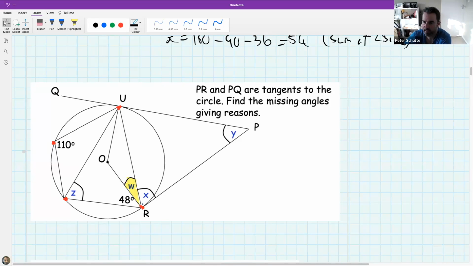Okay, so I see that a lot of students have said the opposite angles in a cyclic quad must add up to 180. So maybe that can help us figure out what W is. See if you put your answer for W in the chat there.